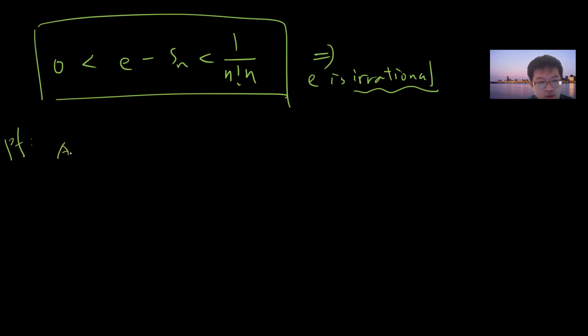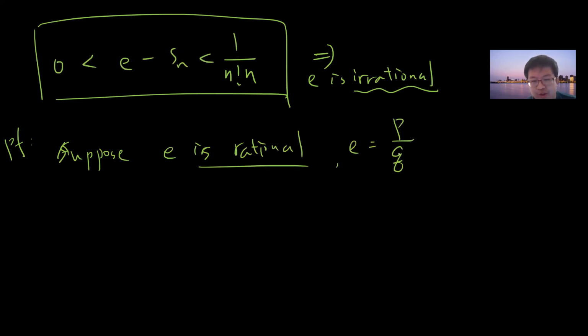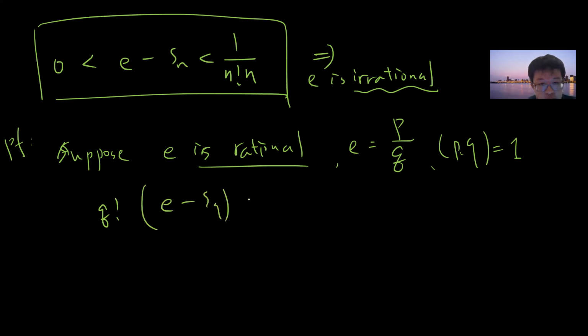So suppose E is rational, E equals p over q. Sometimes it feels a little bit lonely, hopefully not wasting time doing something stupid. So p and q are integers. So let's take n to be q. So from this, I should be able to get q factorial times (E minus Sq) less than 1 over q.